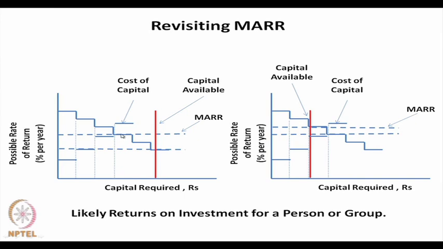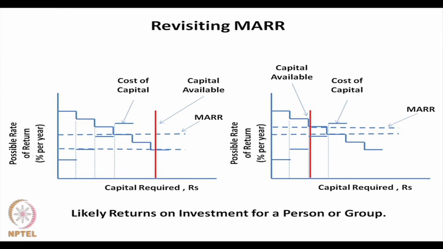So, he would not take this particular project, he would be happy with the earlier one, and therefore his minimum attractive rate of return would be the rate of return associated with the project that he has forfeited. So, this is similar to the concept of opportunity cost.